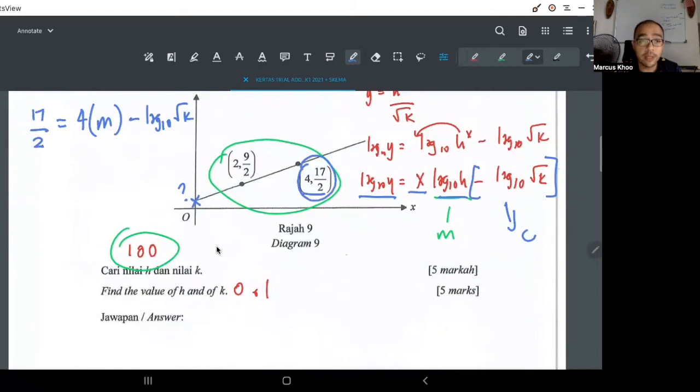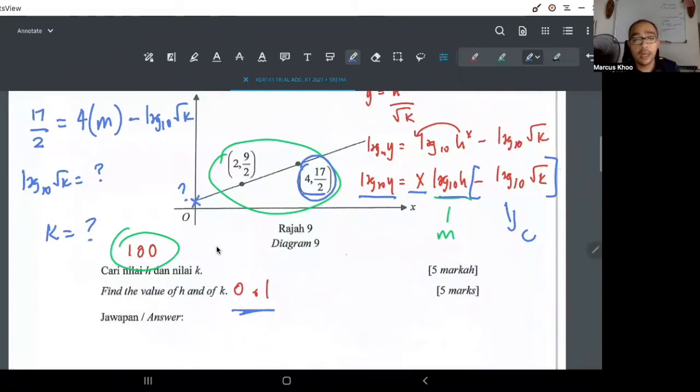So we substitute, then we shift, then we will get the value of log 10 root k equals like this, and then after that you can find the value of k, which is about 0.1.